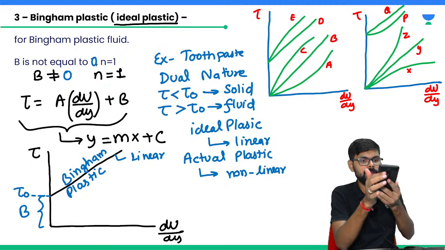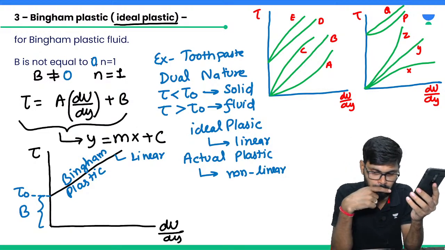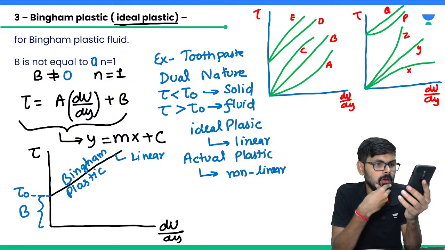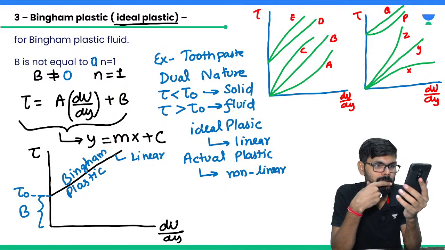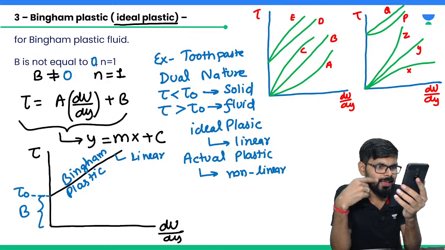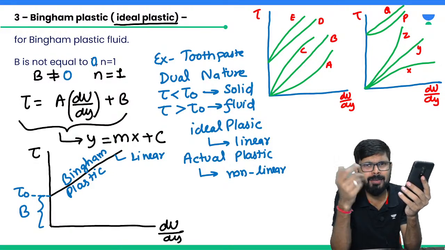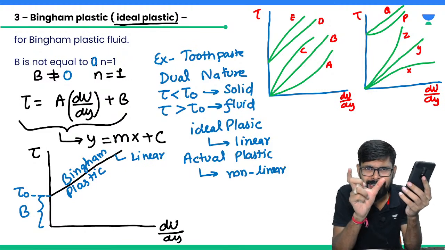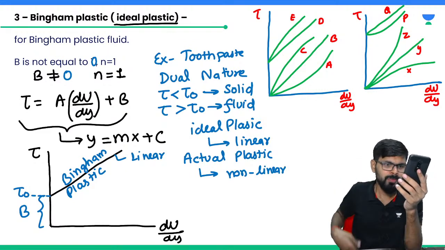Yes, let me check. Now say A is dilatant, okay. A is dilatant, C is pseudoplastic, A actual plastic, E actual plastic, D Bingham plastic, okay. Everyone write in one chat itself, like Yashwad wrote it.